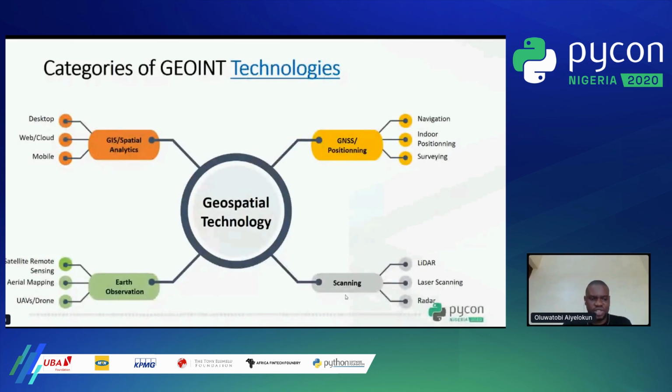And then we have the Earth observation, which we all know, satellite remote sensing, area mapping, and we are used to drones. So this captures information from the Earth surface, and they also have scanning. Basically, these are all technologies that are being used in the subset of GeoInt, that's geospatial intelligence, which means deriving intelligence or information from data that are tied to a location on Earth.